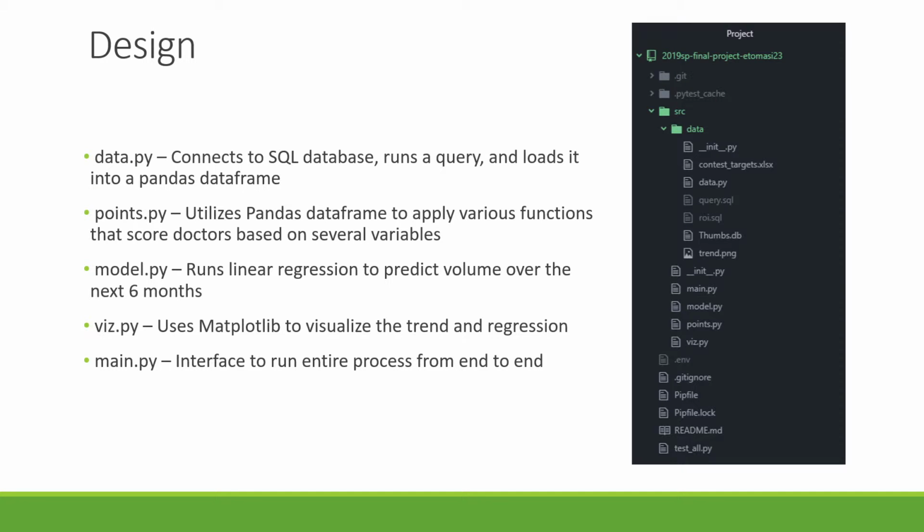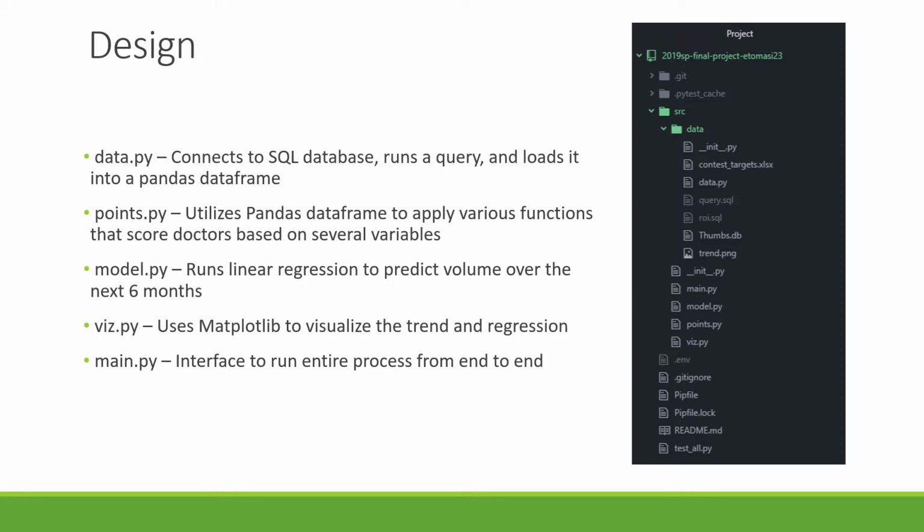Really quick, on the design of this, there's a screenshot of the new working directory. Here there's just a handful of Python files, each of which is broken out into a different function. One file connects to the database and loads the data. One applies conditional logic to the data frame, calculating point values for each doctor and summing up all of the points.